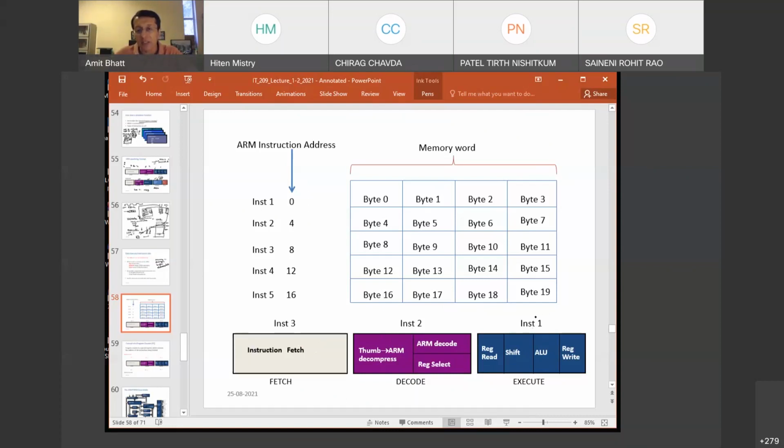So now, instruction number 1 is almost ready to get out. It is in execute stage. Whereas instruction number 2, which was pushed in the next cycle, is being decoded, and register selection is done. And at the same time, instruction number 3 is being fetched. So at any time in a 3-stage pipeline, 3 instructions would be lying in various stages of completion.